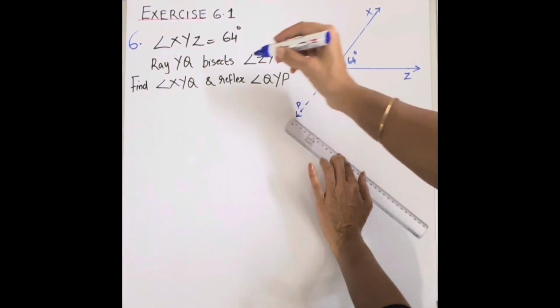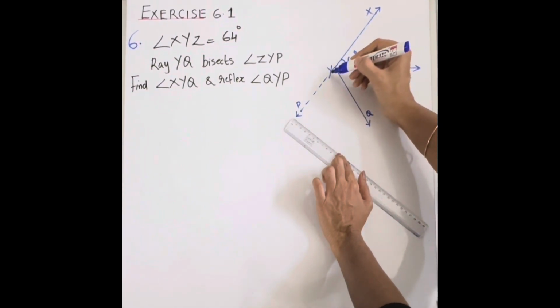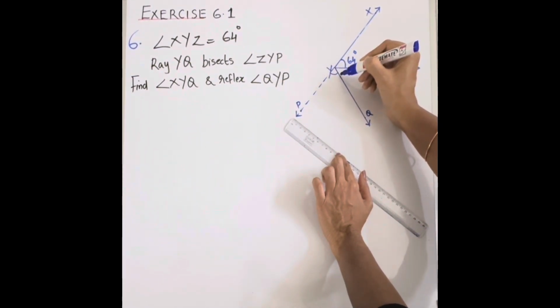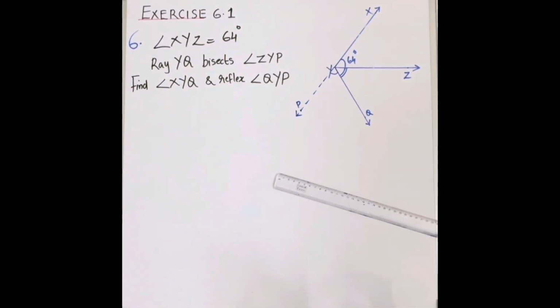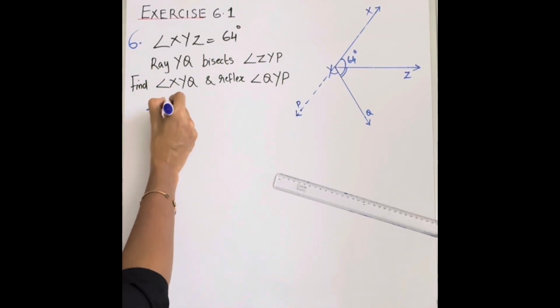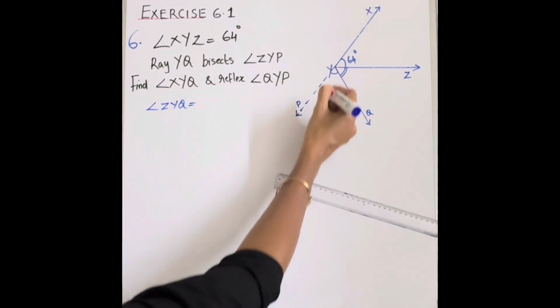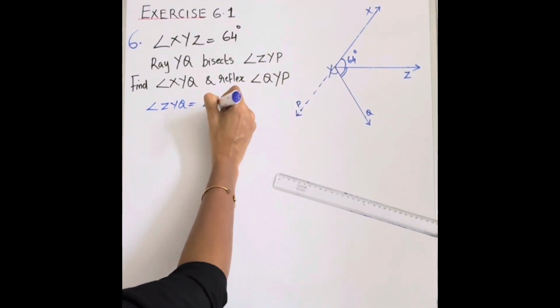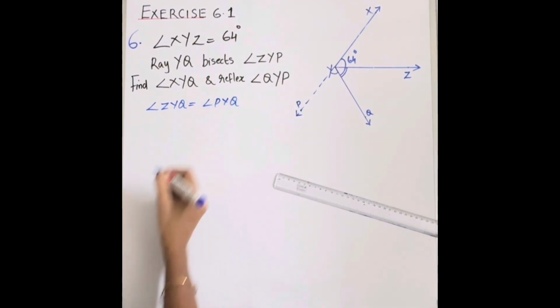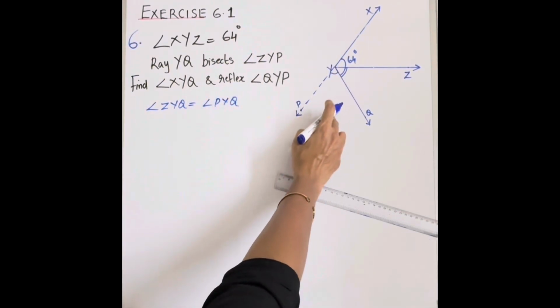As is given, YQ bisects ZYP, so we can say these two angles are equal, right? So we can write angle ZYQ is equal to PYQ. So this is the figure with the given information.